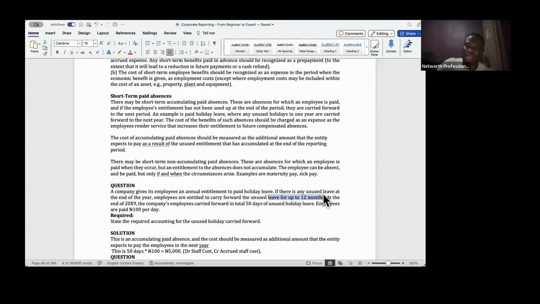The examiner can tell you, like in this case, where they told us that the employees can give us an estimate of next year, because we are talking about this year now. We are trying to know how much we are owing people that did not take their leave this year. So the examiner can tell you that next year only 3 people will take it.